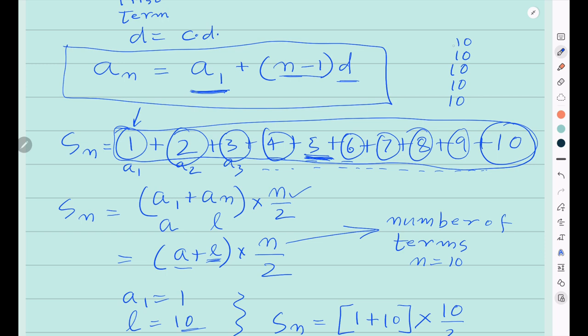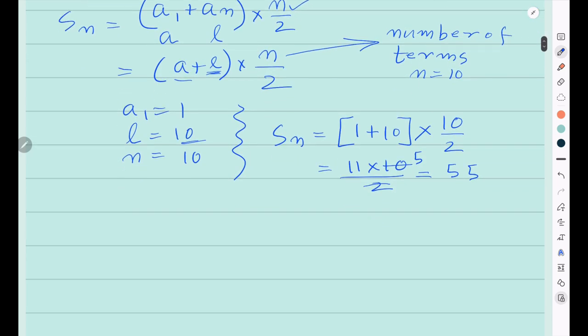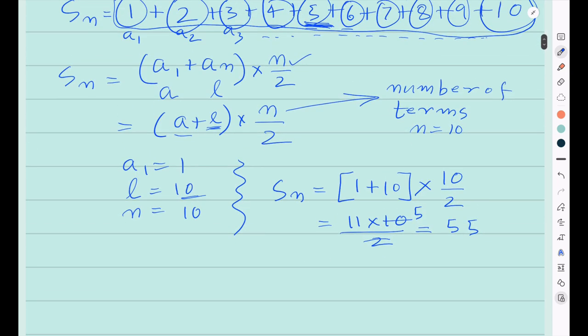This 5 is left out, so 10, 20, 30, 40, 50, plus 5 is 55. Yeah, that's very good. So this formula is working. This is one of the formulas which you should actually remember.